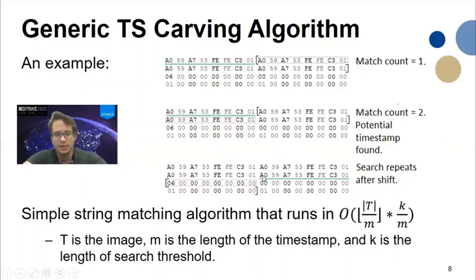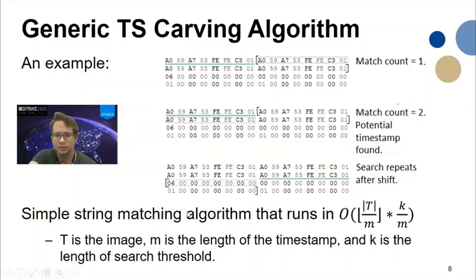Now, if it didn't pass the test, we would just advance the keyword position up by length m, the length of the assumed amount of bytes per timestamp. So this is just a simple string matching algorithm based on a sliding window approach.